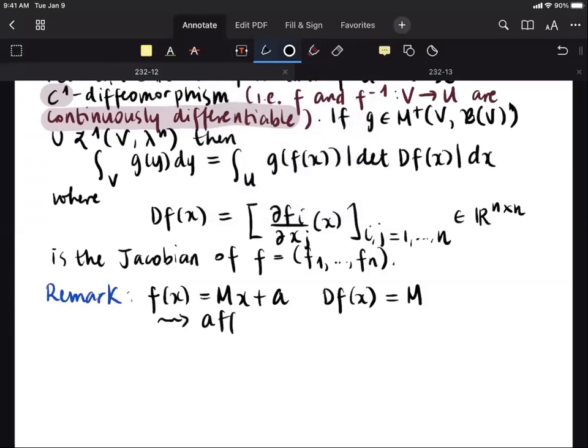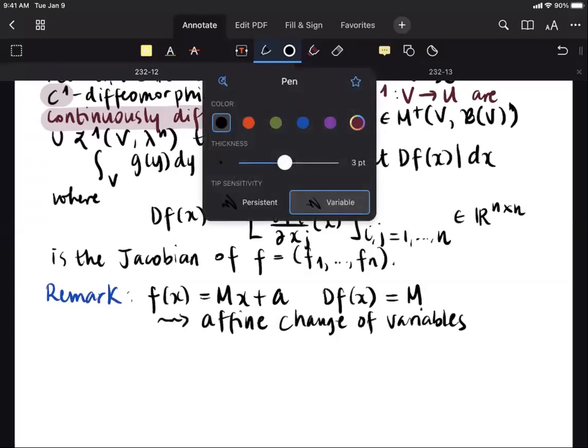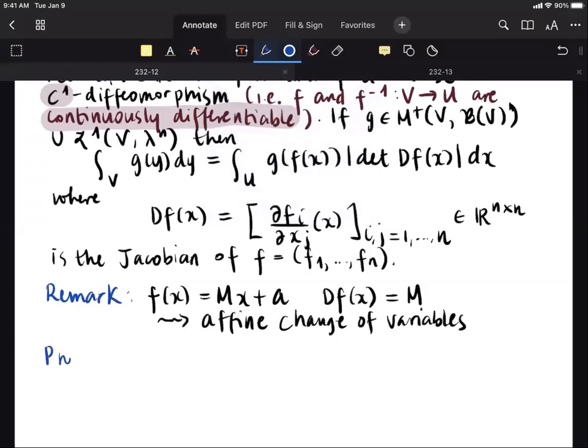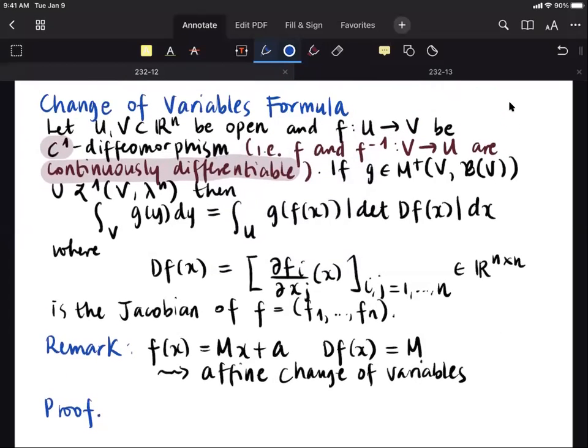This leads to the affine transformation or affine change of variables, which was presented in the previous lecture. However, we stated this affine change of variables as a start, since we will use this formula in the general case.